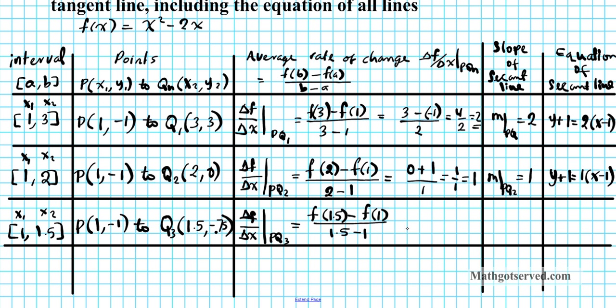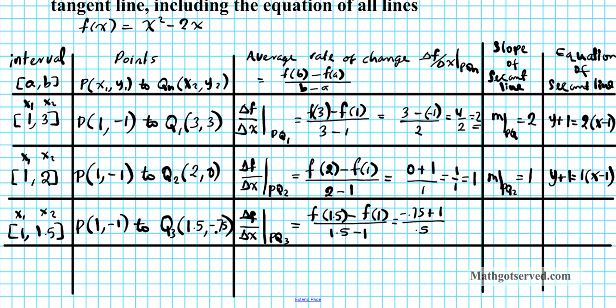If we do the calculations, we have f of 1.5, which we already know is negative 0.75. So negative 0.75 minus f of 1, which is negative 1. So minus negative 1 makes it plus 1, divided by 1.5 minus 1, which is 0.5.